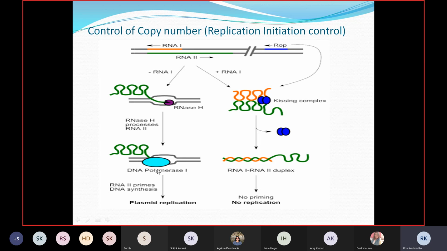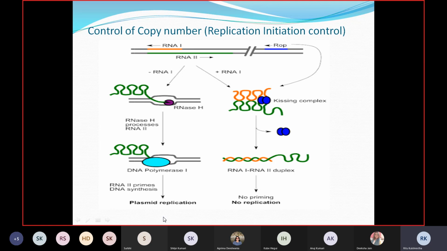This acts as an RNA primer, and this is the free 3' OH group, and then it starts adding nucleotides with this as the template. So this whole process leads to replication of the plasmid.